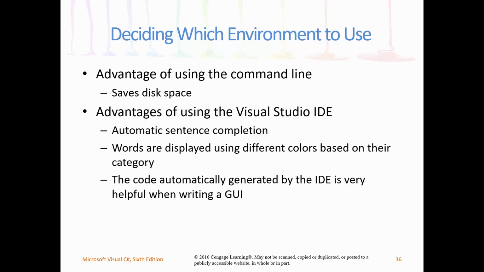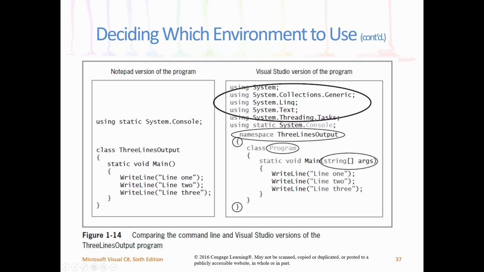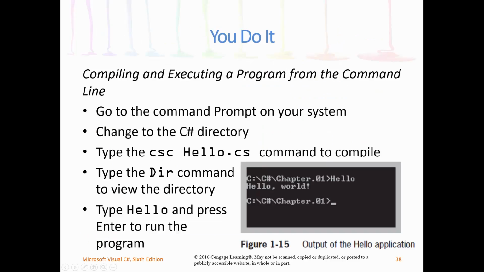I don't know why you would, but you could. You might want to write a command line program because it's typically smaller. You'll probably want to use the Visual Studio IDE because it gives you auto help, it has syntax coloring, and it automatically generates some code for you. In Notepad, you'd have to type in this, but you'd also have to add this stuff to get it to work. It's more work.